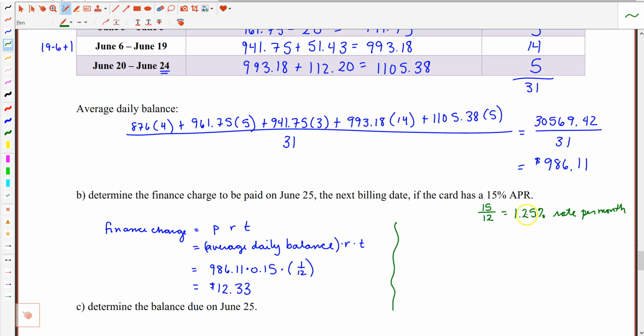So at that point, if I wanted to use this instead, the finance charge would be the average daily balance, or the 986.11, times the rate for over a month, which would be 0.0125, and then over 1 month. So if I set it up this way instead, converting my annual percentage rate to a monthly rate and then just doing this over 1 month, you end up getting the same value.